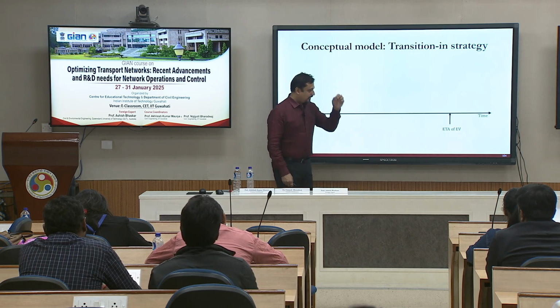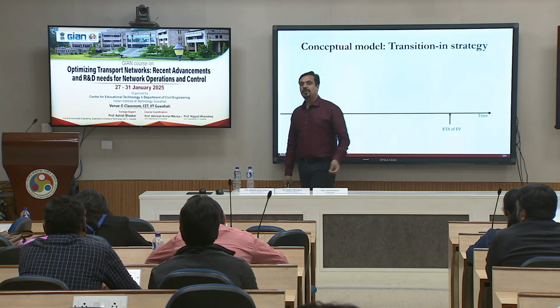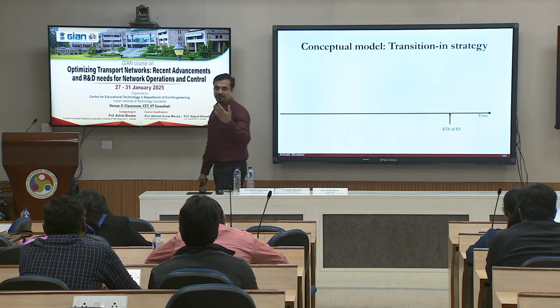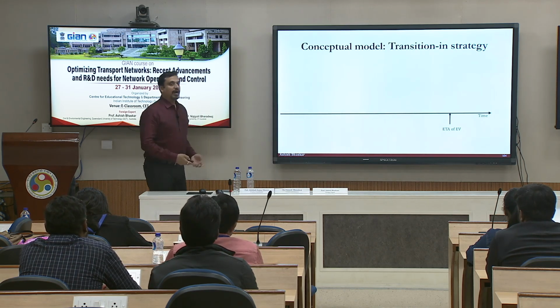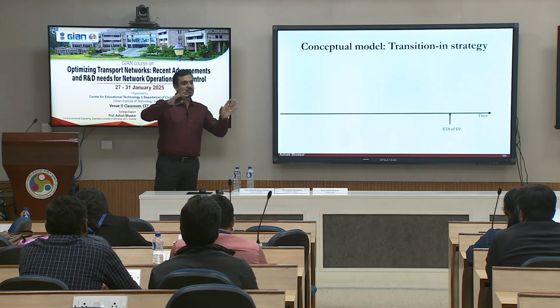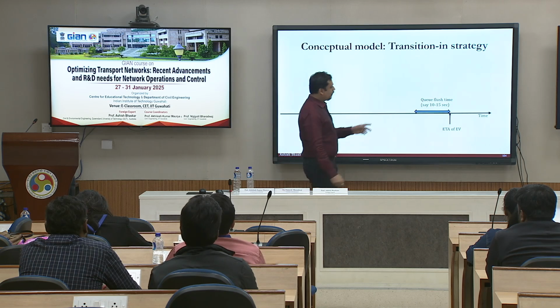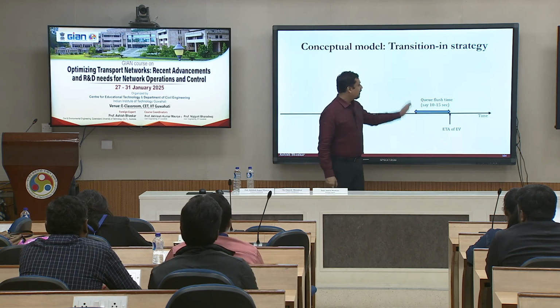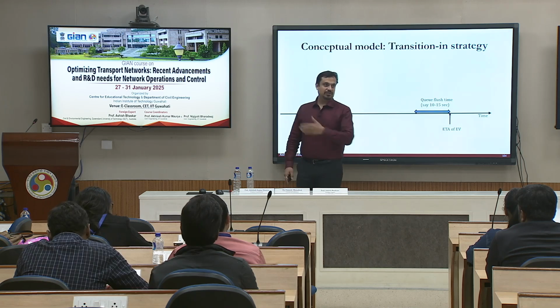So, if this is the intersection, it knows that by this time I am expecting an EVP, and this time might be updated on the fly. It is not a fixed static time, because as the vehicle is moving it is going to change. I have my own plan to follow, my own signals to follow, right. So, what I know is that before this happens, I need to have some flush time, any queue in that approach should be flushed.